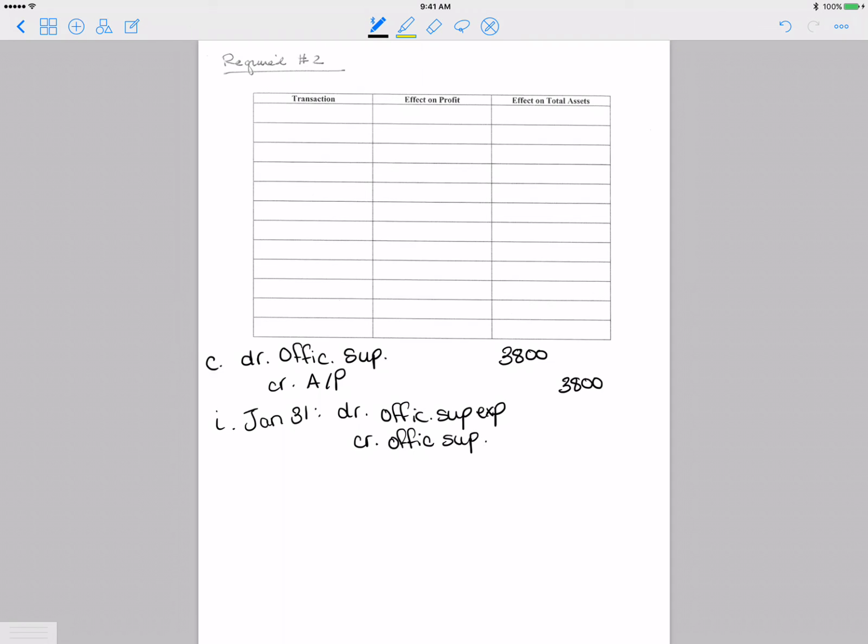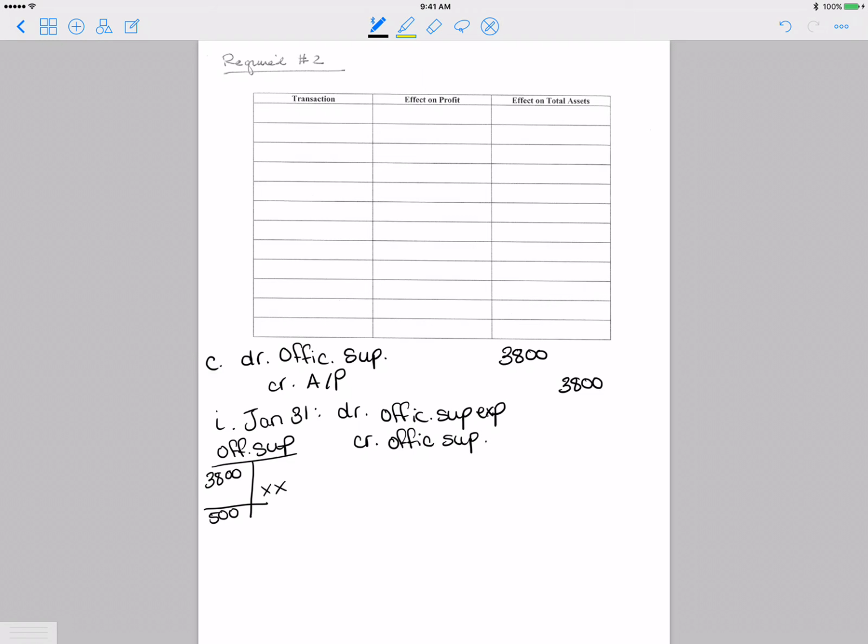But how much? The best thing to do here is to make a T account. So we're going to write an office supplies, and let's just draw in a small T account right here. Now in this T account, we know we purchased at the beginning of the month $3,800. We don't know how much we used, which goes into here to decrease it. We do know that at the end of the month we end up with $500.